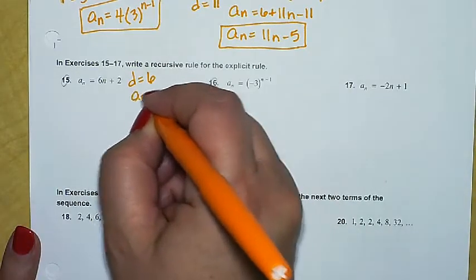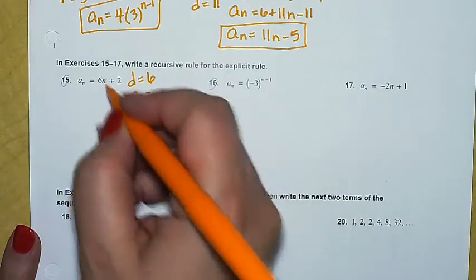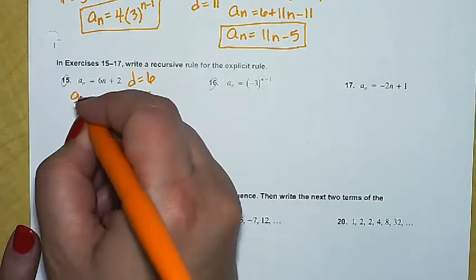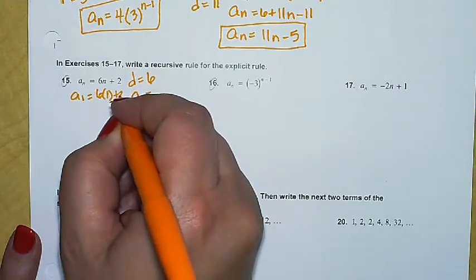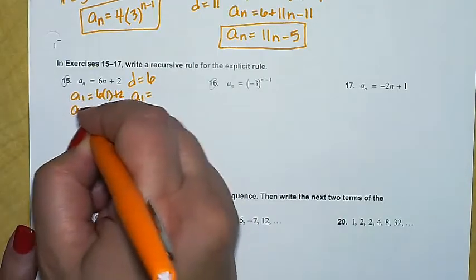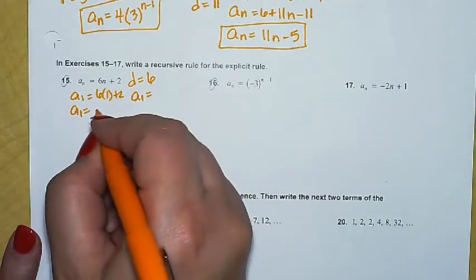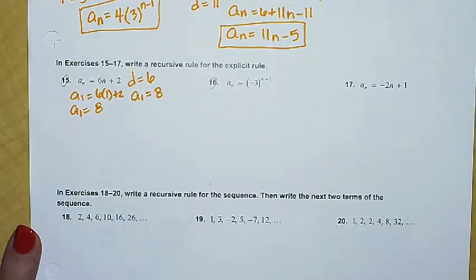So we still want to always start off and say, hey, the first term of the sequence was such and such. To do that, we'll just plug in n equals 1. So to find the first term in the sequence, we make n equals 1 and we solve for that. 6 times 1 is 6, plus 2 is 8. So according to this, the first term in the sequence is 8, and the common difference is 6. And I can now write my recursive.